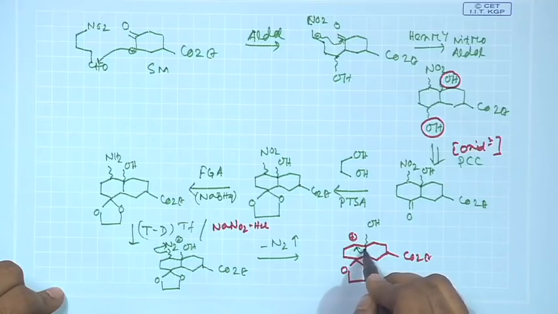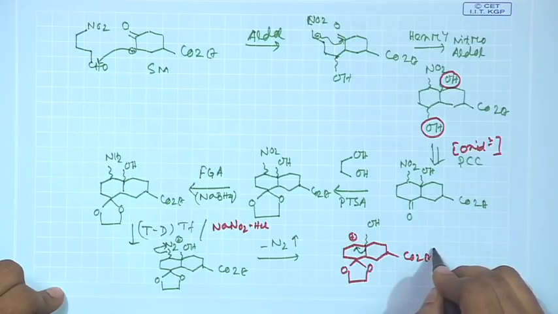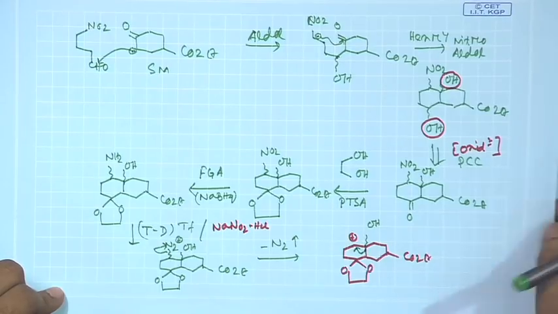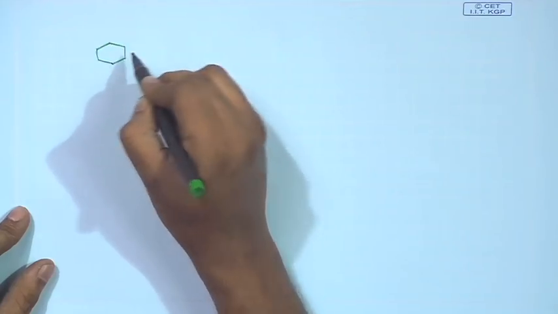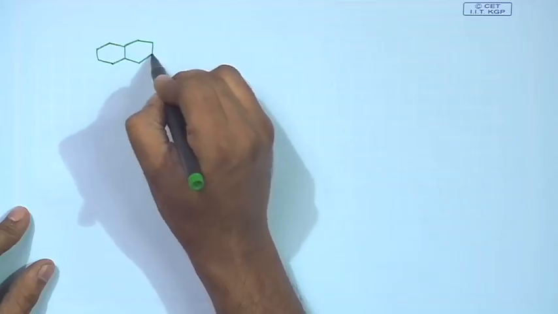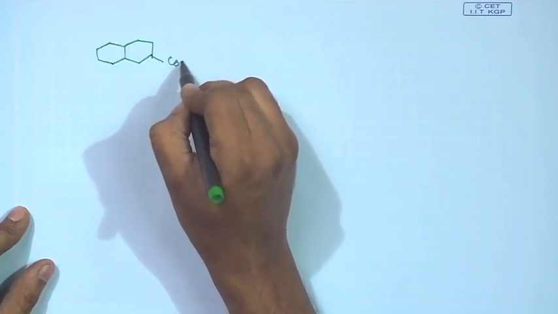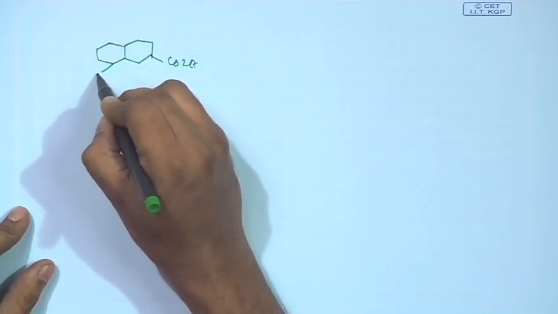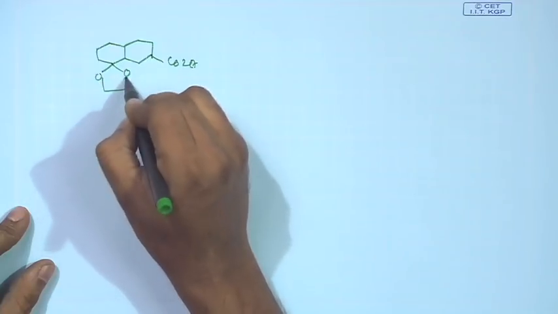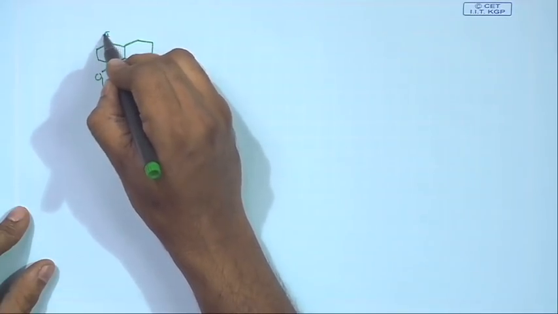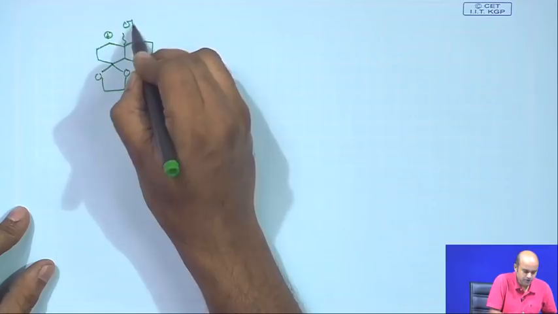This sigma bond will now migrate to give a more stable tertiary carbocation. We will explain in the next slide. So, in the earlier slide we said we will have a carbocation. We will draw the carbocation again. This is the carbocation and this is the OH.